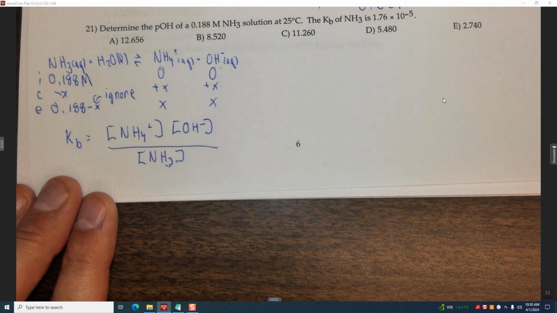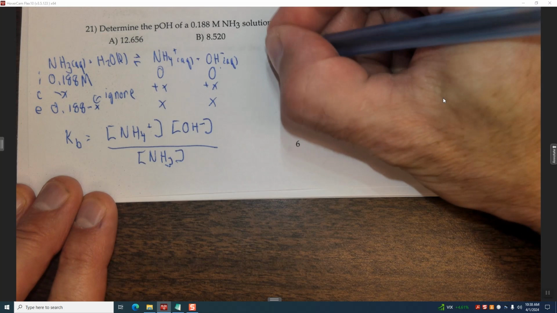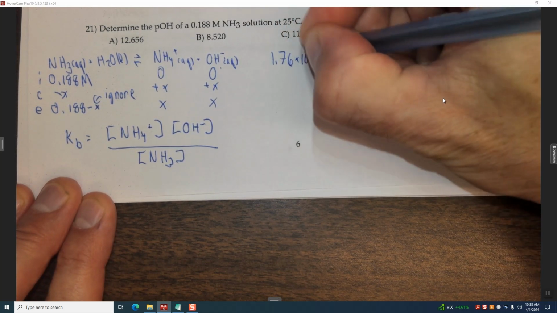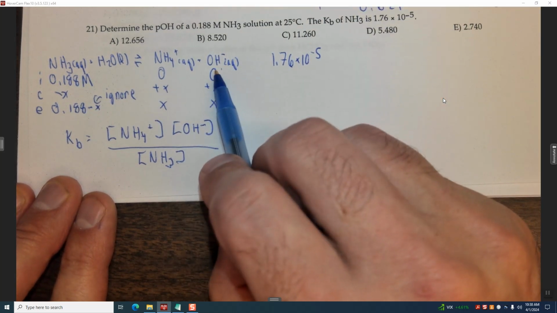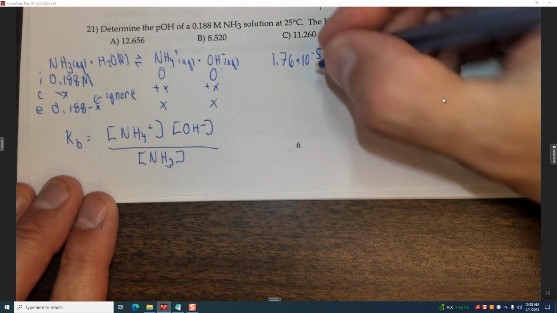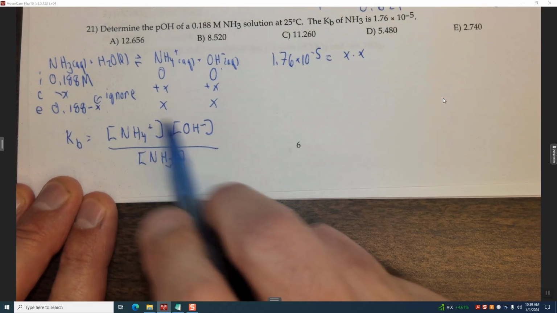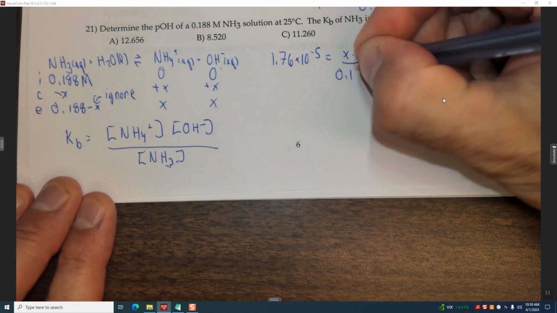All right, now we have our Kb expression. Well, what do we know? We know our Kb is 1.76 times 10 to the minus 5. Again, Kb's have OH minus as a product of the equilibrium. That equals X times X, since these are both X, divided by 0.188.